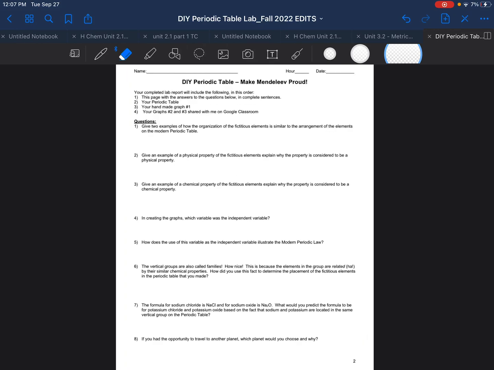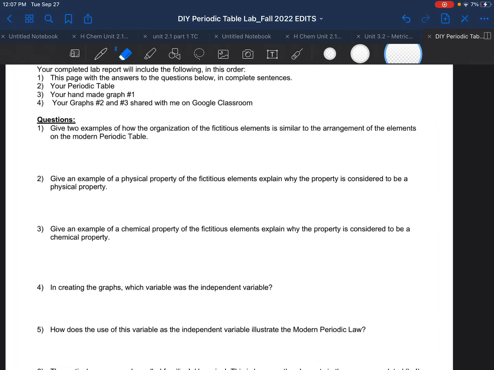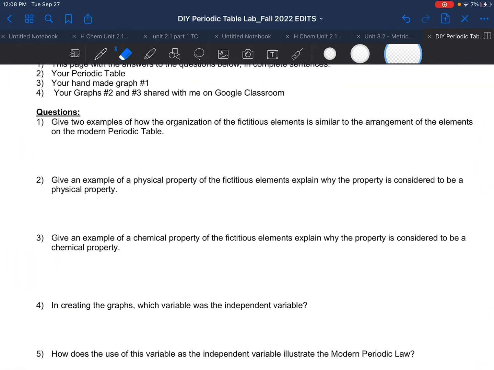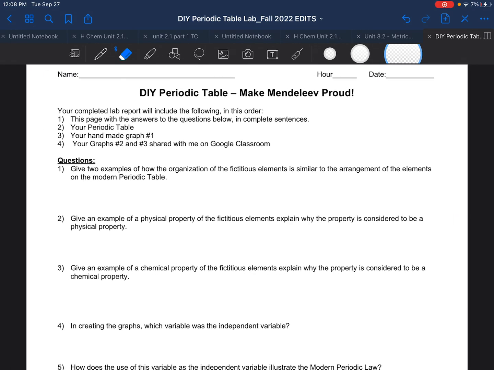Then you have these questions. When you're answering these, similar to the modern periodic table, so that's comparing to the one we have on the wall, you have to compare between physical and chemical properties. Remember, chemical means a change in composition.